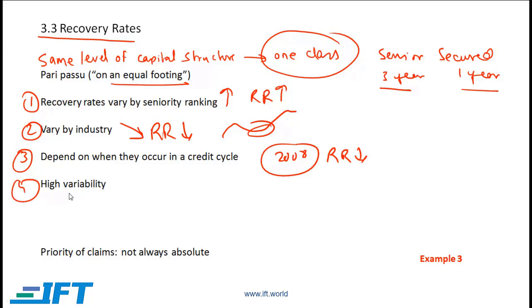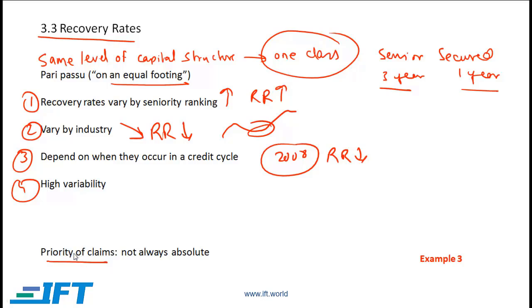And finally, there is very high variability of recovery rates across industries, and there is also high variability across companies in a given industry. Now, a separate point related to priority of claims.